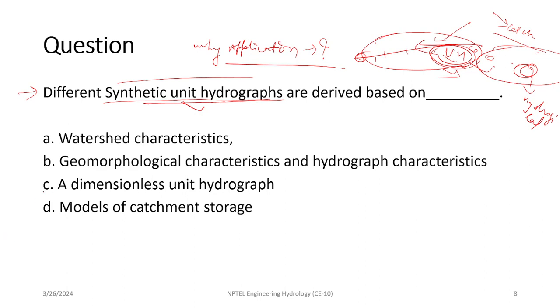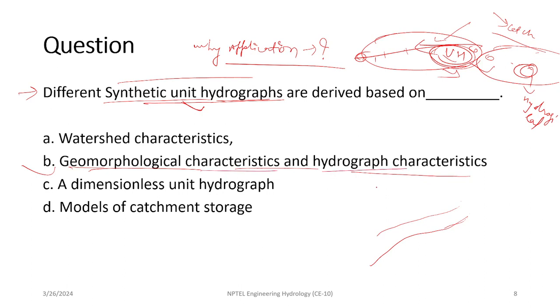Yeah, I think B is also correct. Okay, so you are saying geomorphological characteristics and hydrograph characteristics, right? Geomorphology, in the sense that there may be a possibility that the drainage density, or the stream path, may have changed over time. So yes, this information is necessary for this.